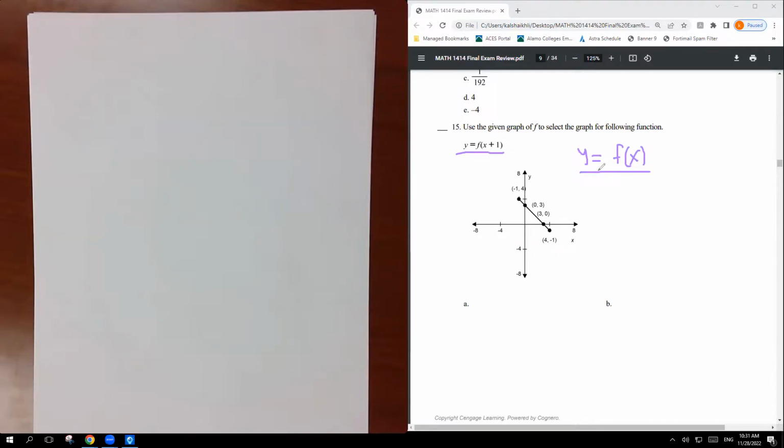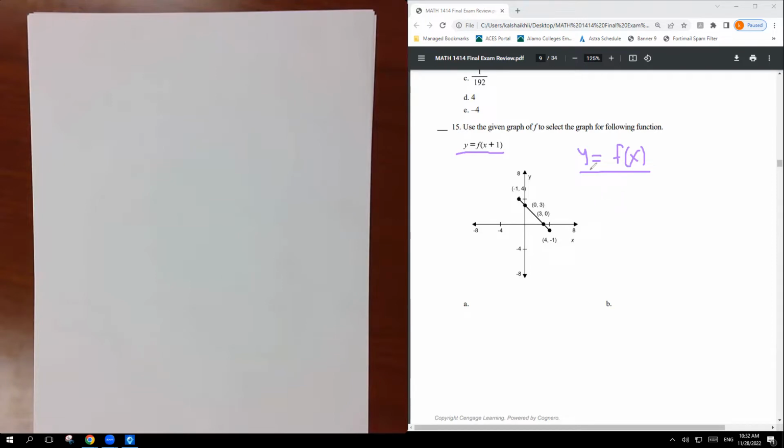The difference between this graph and this one is exactly the same y coordinate, but x is going to be plus 1. So if you take the points, you can add 1 to each x coordinate to get the graph of the new function.